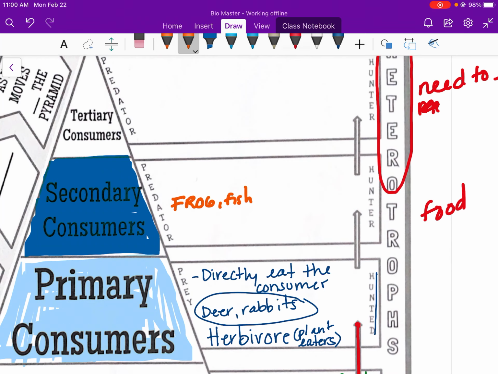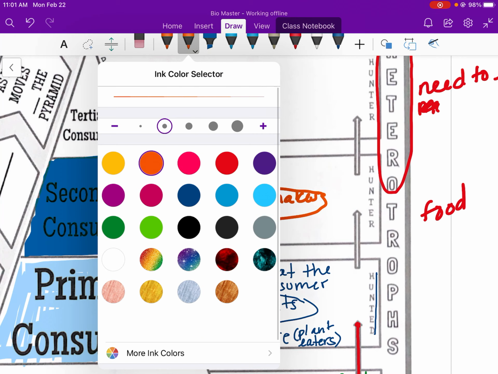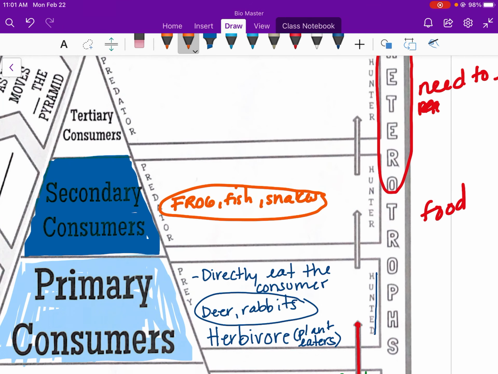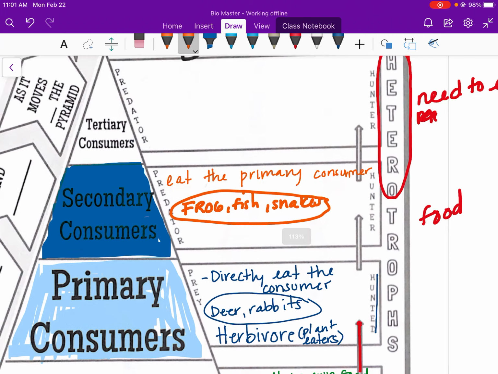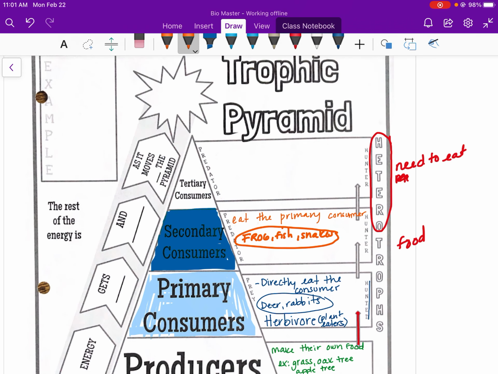So we have frog, fish, snakes. These guys eat the prey that comes before them. We're going to say that our secondary consumers eat the primary consumer.